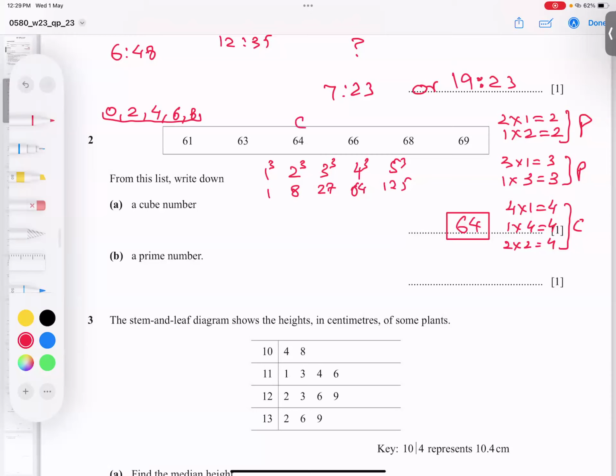I'm writing C for composite, C for composite, C for composite. And this number is divisible by 3. 3 twos are 6, 3 threes are 9. It means it has 3 possible factors or even more than that, so it is a composite number. This is also divisible by 3, 3 twos or 3 ones, a composite number. So this is the only prime number. I believe you got the point very clear. I think you got the definition even clear.